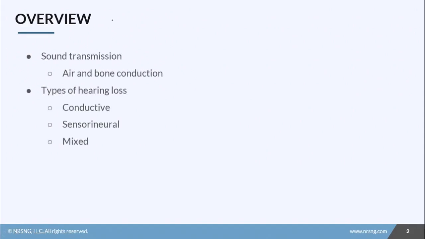Okay, guys, so hearing loss is when the hearing acuity is decreased. This can be caused by alterations in the external, middle, or inner ear. Sound in general is transmitted by air and bone conduction.